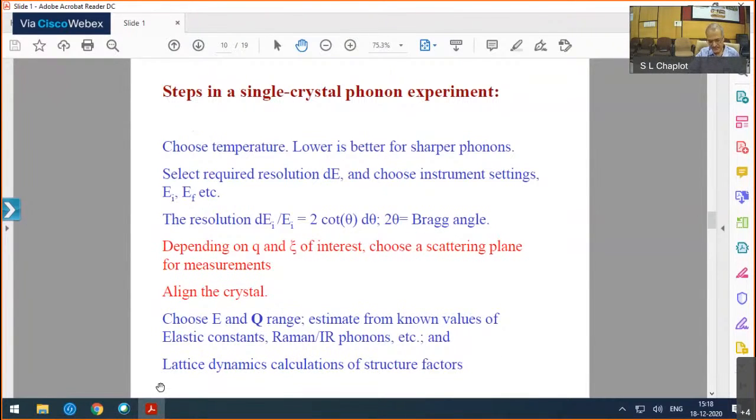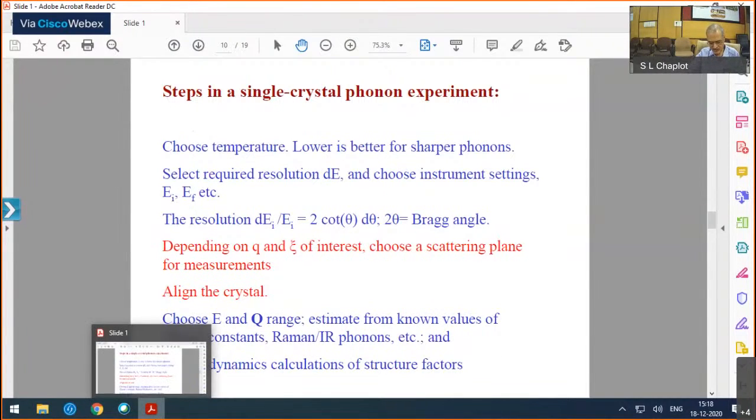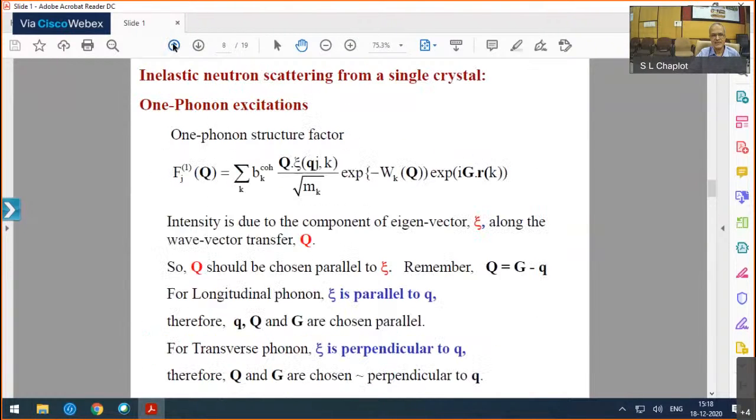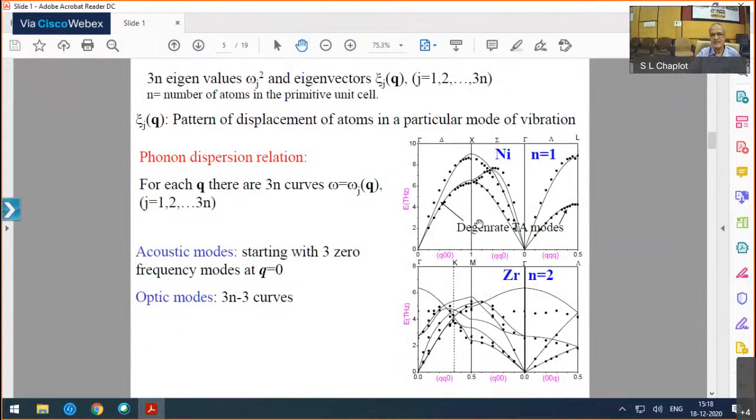For example, if I already know the elastic constants, you probably know that the elastic constants are actually the slopes of the acoustic phonons. The square of the elastic constants are related to the square of the slope of these dispersion curves, d omega by dq.